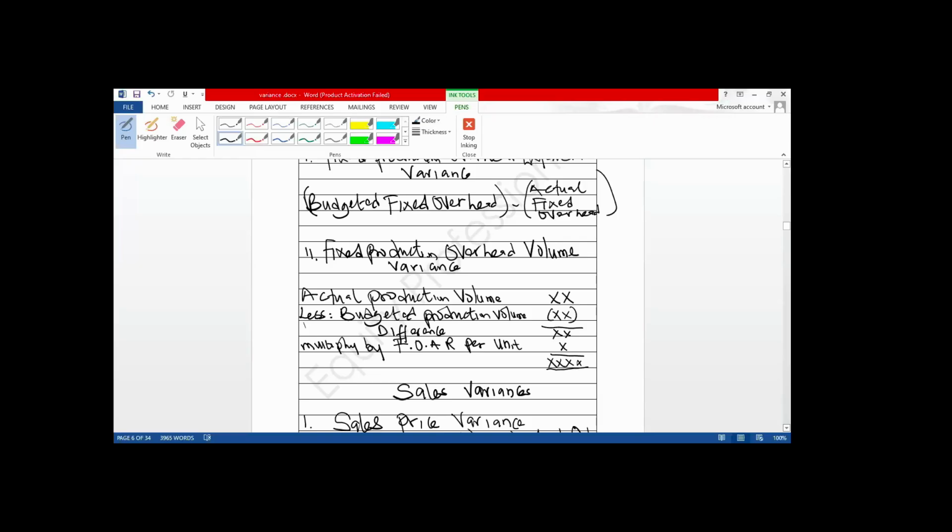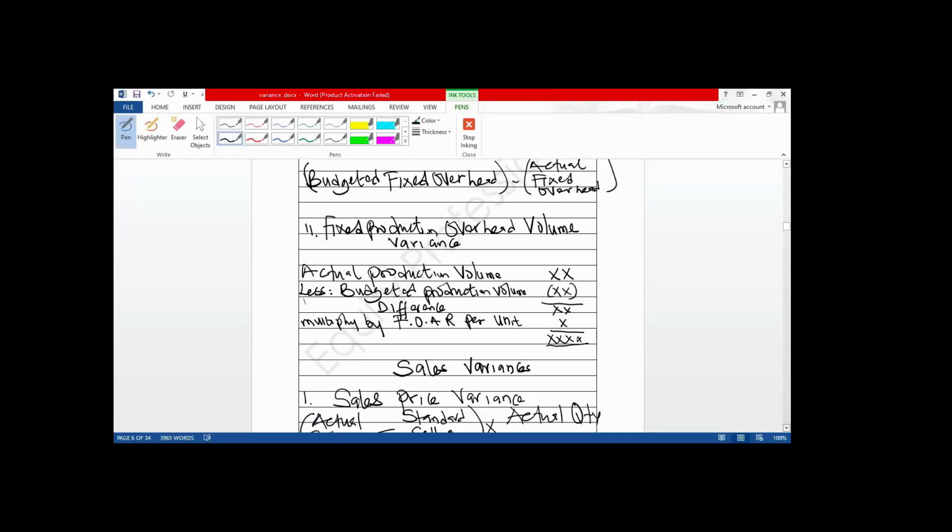But if the company uses marginal costing system, that means fixed cost is not part of cost of production under marginal costing. In that case, you are not going to calculate fixed production overhead cost variances, because the company uses marginal costing system. All right.